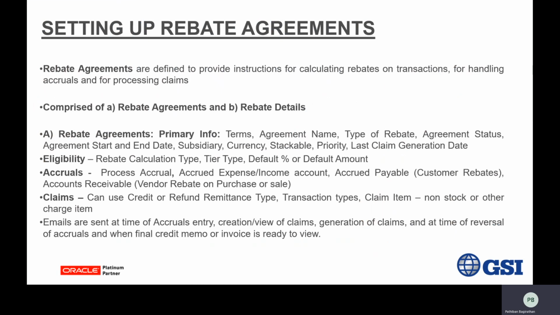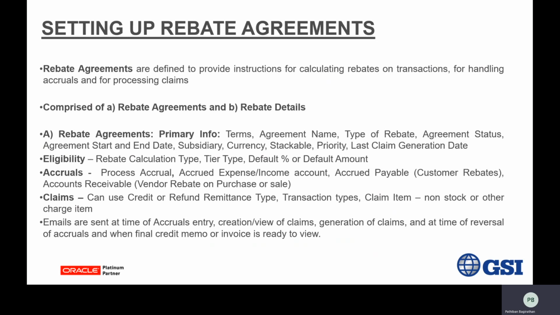So typically looking at setting up rebate agreements. Rebate agreements are defined to provide instructions for calculating rebates on transactions, for handling accruals, and for processing claims. So the key fields, we went over some of them already. One of the things is the type of rebate, agreement status. Type of rebate, we said customer, vendor rebate on purchase or on sales.